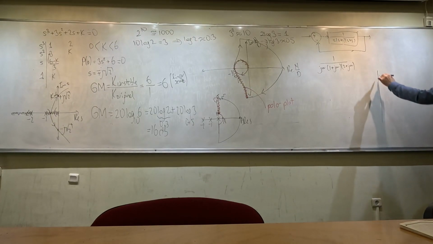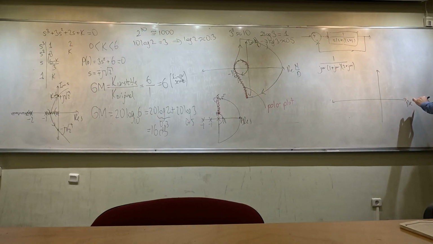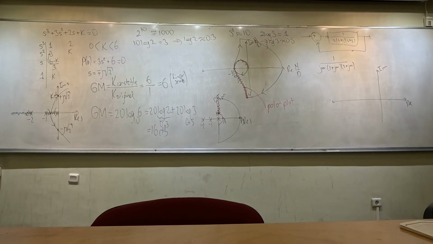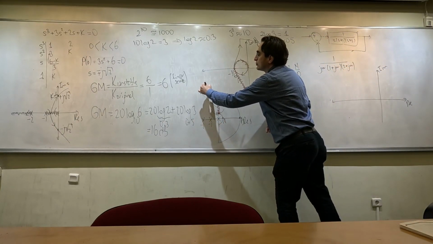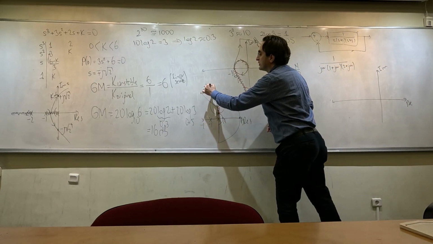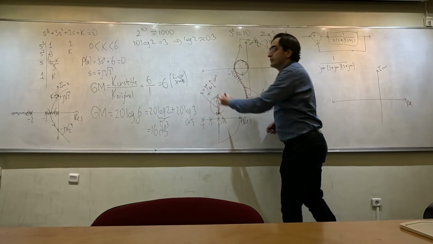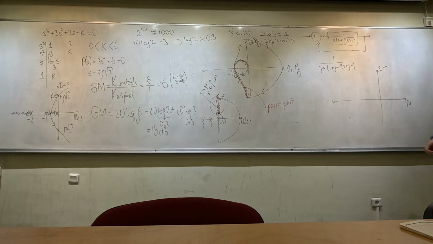Suppose that I would like to plot the polar plot of this system in the complex plane. In this part, s is equal to j omega, and omega changes from epsilon to infinity.